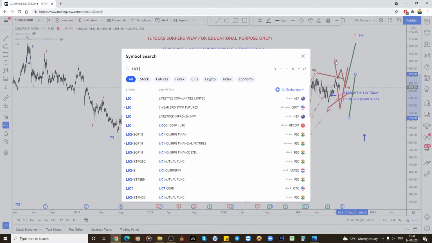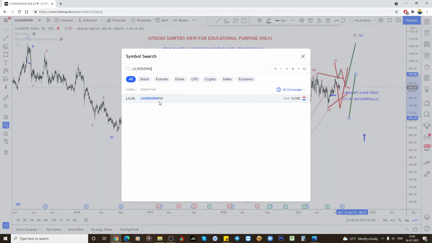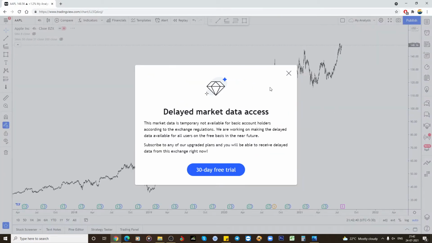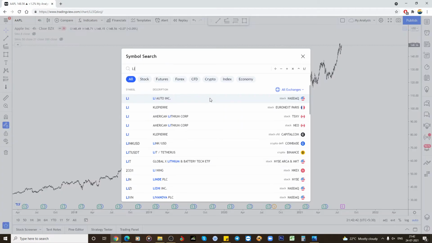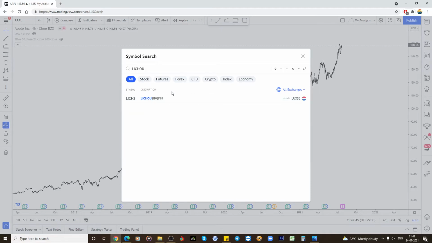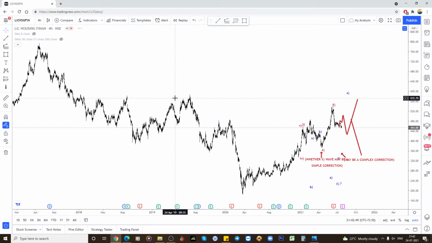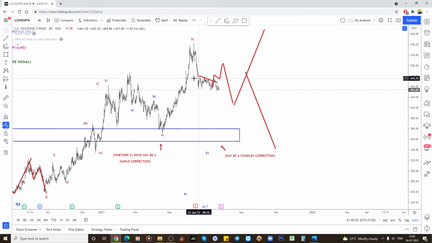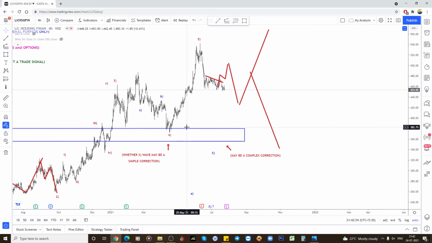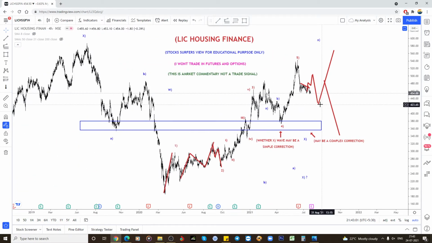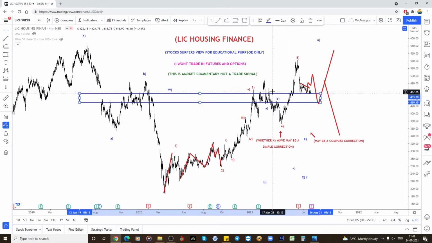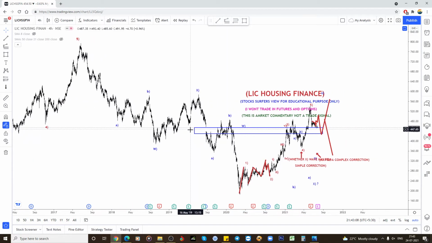LIC Housing. One second. The same thing happened. LIC Housing Finance. See, wait for this. There is an impulsive, and I'm expecting an irregular flat pattern, and one more to the downside, to the previous support, this zone, or this could be like this zone, this zone.